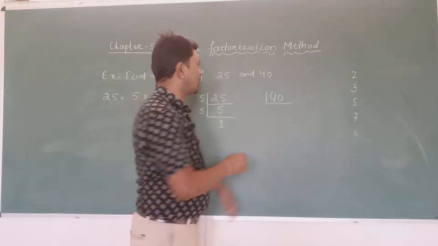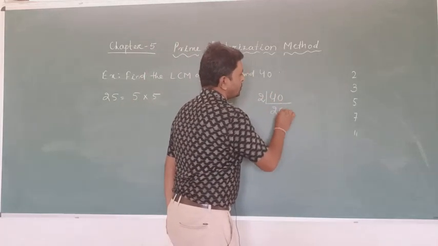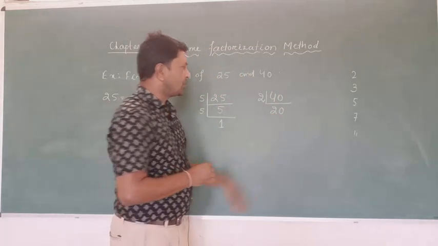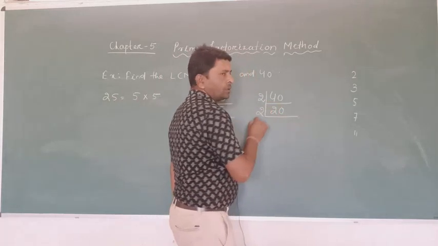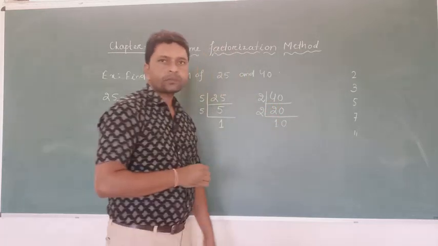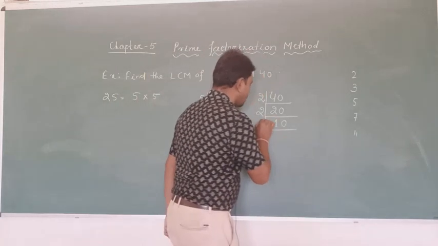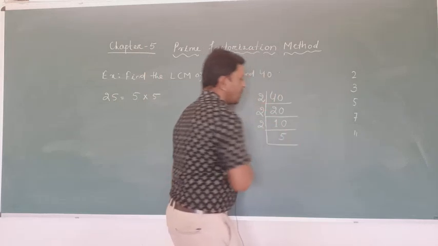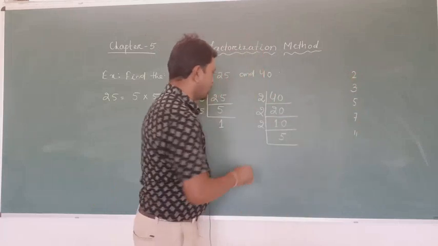divisible by 2. So I take 2 here, 2 fours are 4, 2 zeros are 0, 2 twos are 4, 2 zeros are 0, it is 20. Again 20 is divisible by 2, so I am taking 2 here, 2 ones are 2, 2 zeros are 0. Okay, again 10 is divisible by 2, 2 fives are 10, again 5, which is not divisible by 2 and 3 also, so we take 5 here.